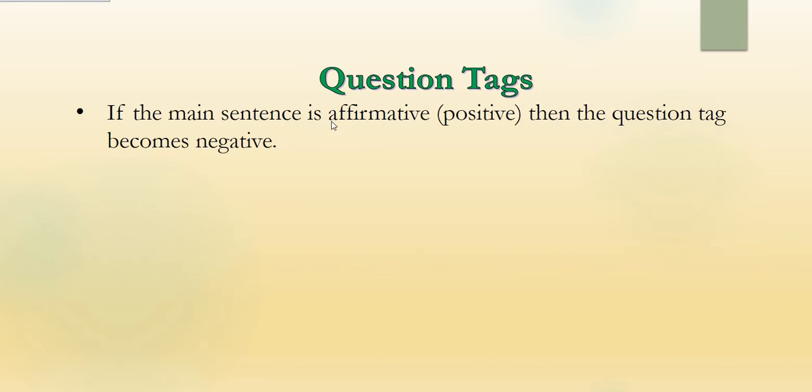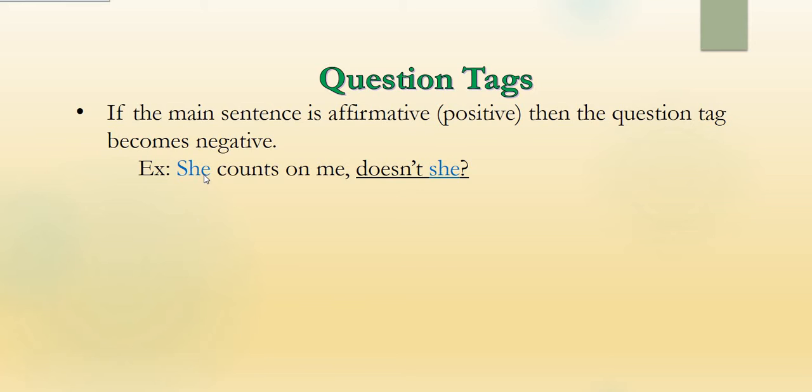If the main sentence is affirmative or positive, then the question tag becomes negative. This is the first rule to convert a sentence into a question by tagging it with a question. If the main sentence is positive, then the question tag becomes negative.